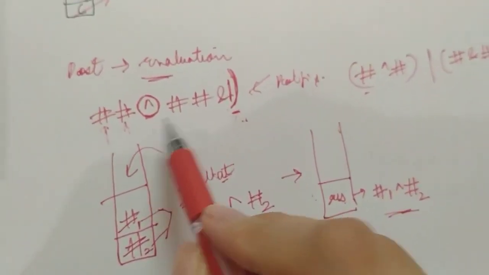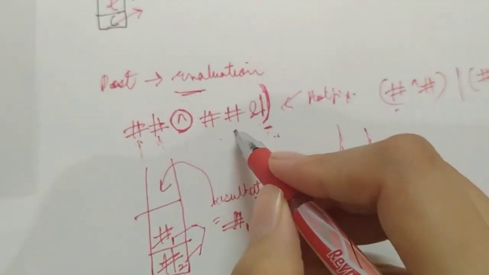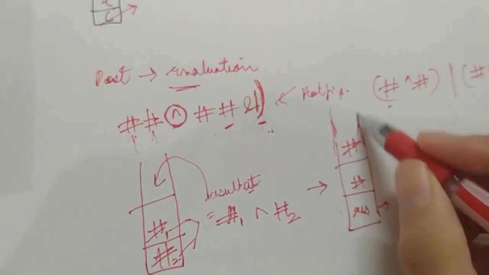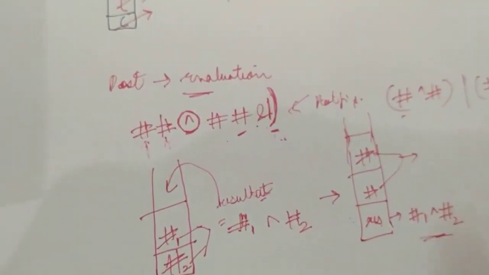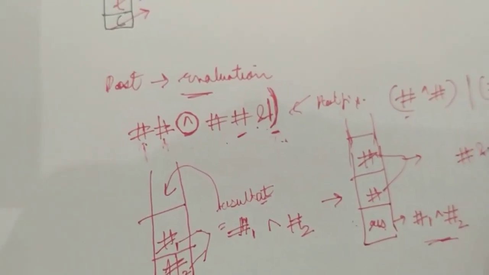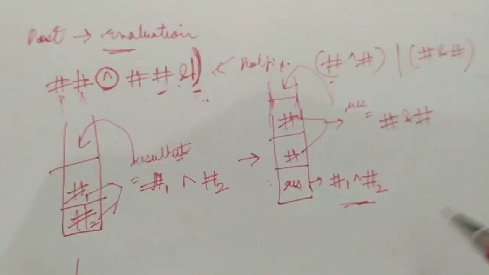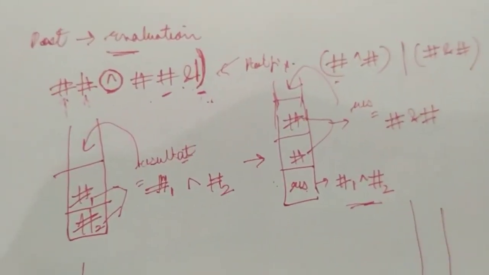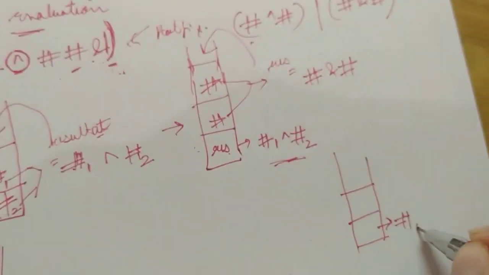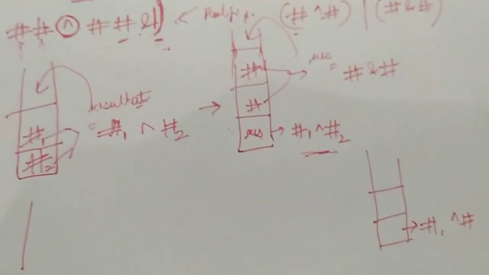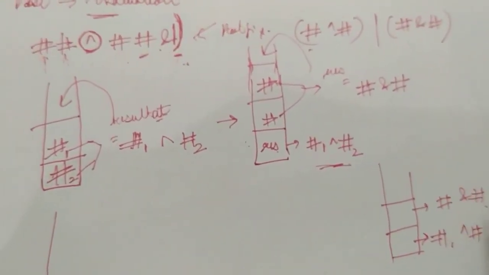Now we move further, add hash, add another hash, and now we obtained AND. So we popped the top two elements, hash and hash, and its result is pushed back into the stack. So we got result 1, which was already there, and result 2, which is the same as this.